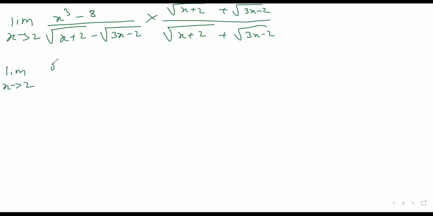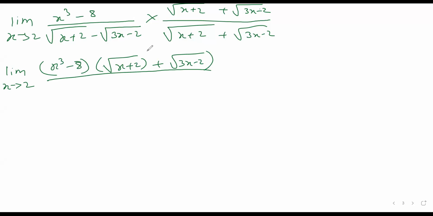I am rationalizing this because this is irrational. Using a minus b, a plus b, the denominator becomes x plus 2 minus 3x minus 2.